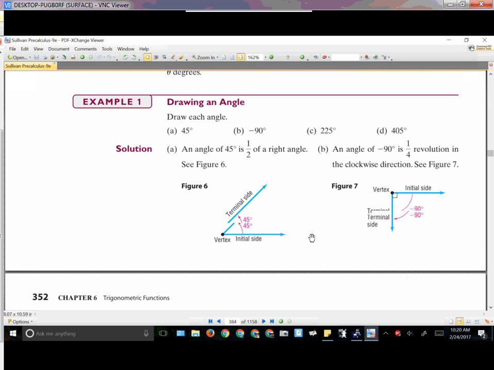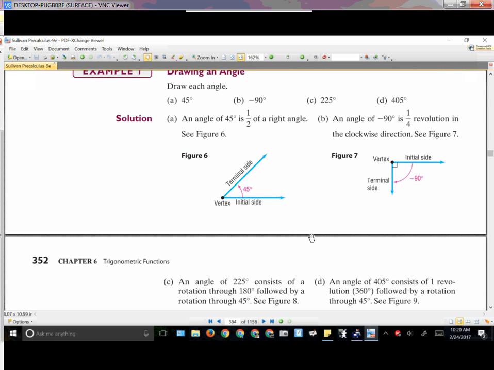Now, I don't doubt that you can come up with these things. However, I will warn you about this right now. Draw them out with your initial side, if you need to, putting it onto a Cartesian coordinate system, or just little XY axes laying down.